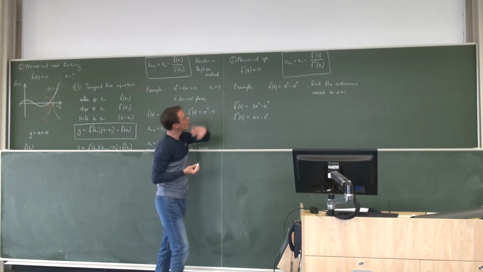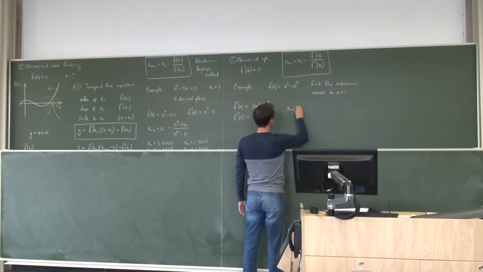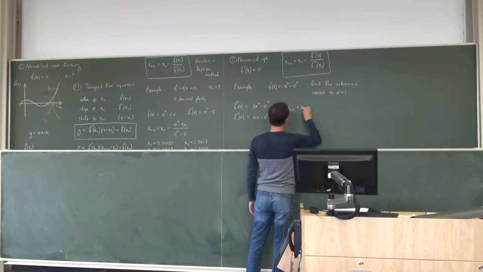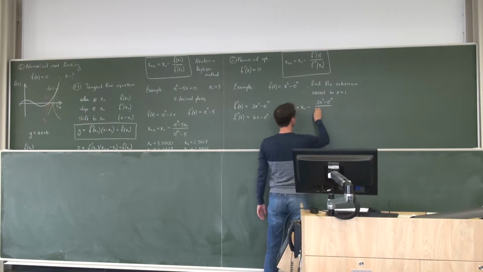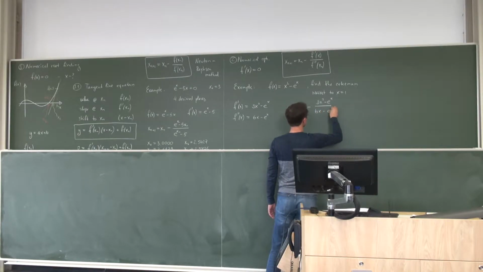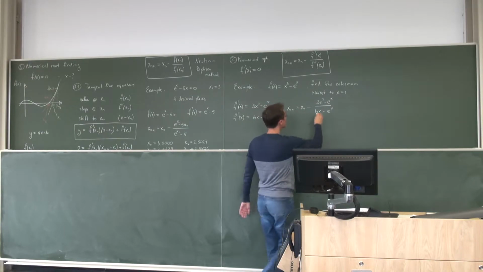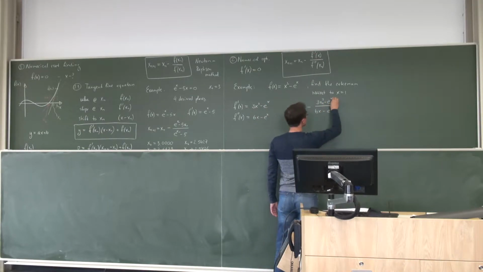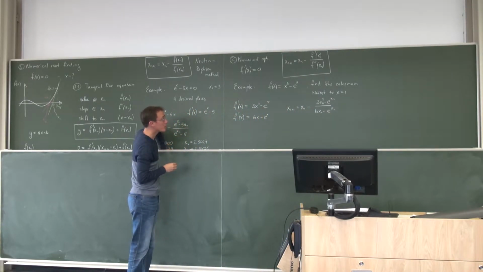And then we put the iteration together. x n plus 1 is x n minus 3x squared minus e to the x over 6x minus e to the x. And since this refers to the previous point, all the x's need to be x n. And that is our Newton-Raphson iteration.